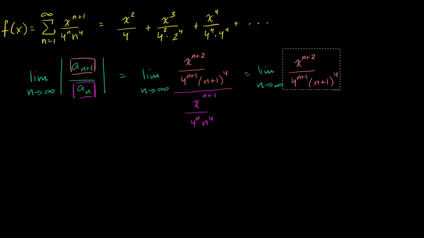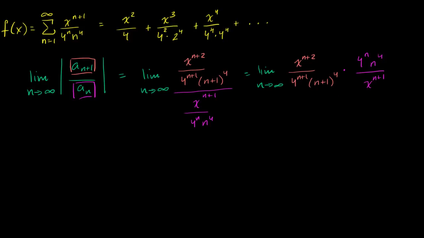If we're dividing by a rational expression, that's the same thing as multiplying by the reciprocal. So times 4 to the n times n to the fourth over x to the n plus 1 power. Actually, let me just clean this up a little bit.